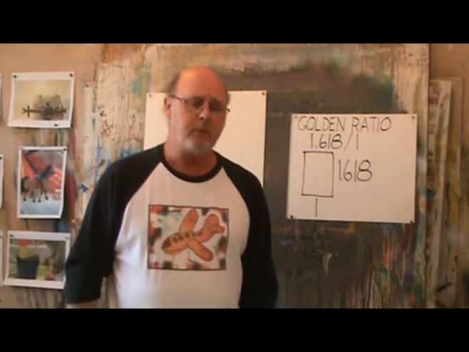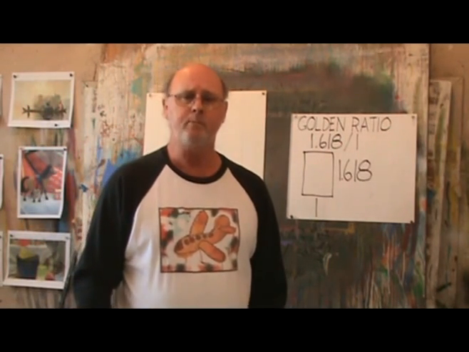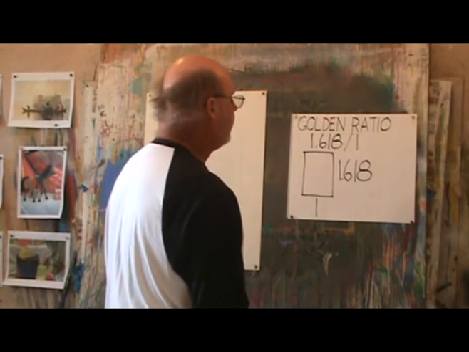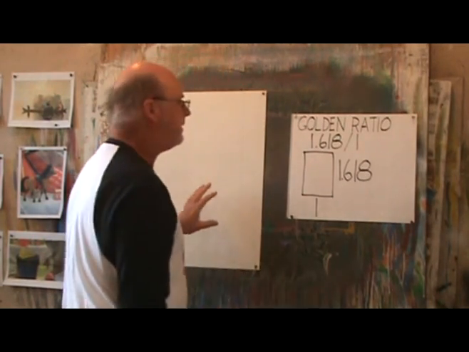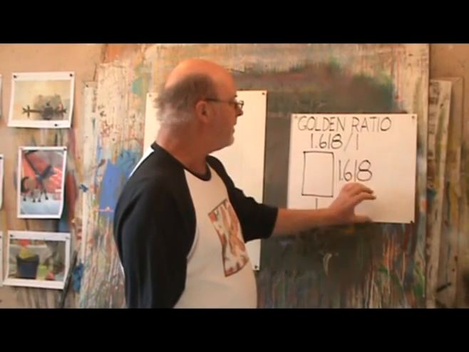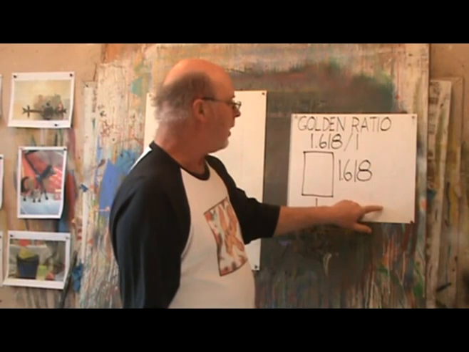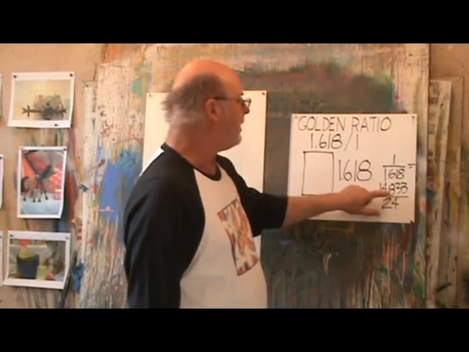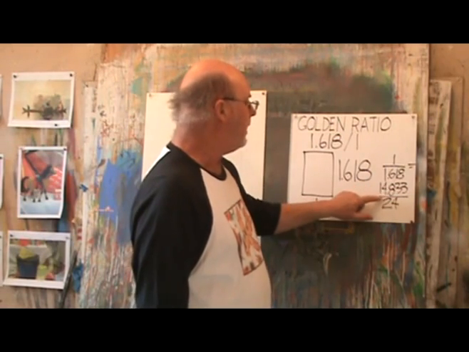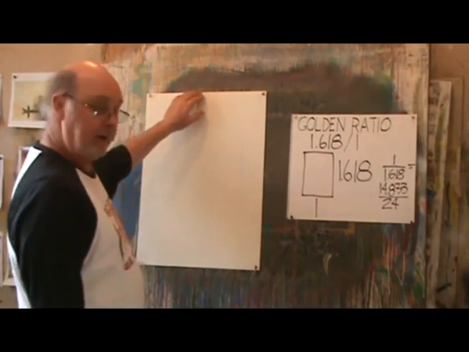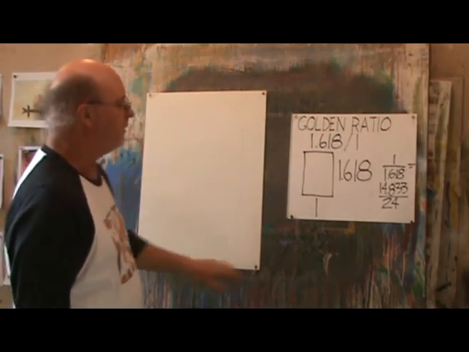Okay, in the golden ratio, or the 1.618 ratio, the idea is that you are taking this ratio and you're expanding it to where the 1.618 is 24. 14.833 over 24. So our paper here is 24 inches tall.